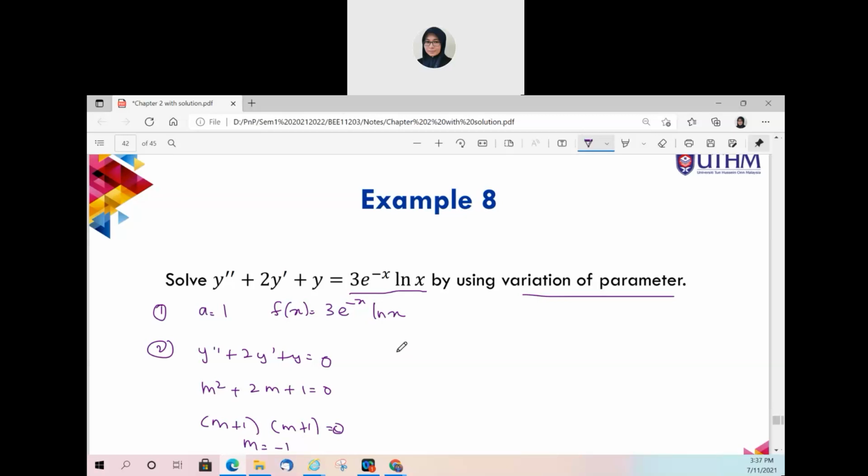Okay, so YC equals to this one, case number 1, case number 2 or case number 3? Case 2.